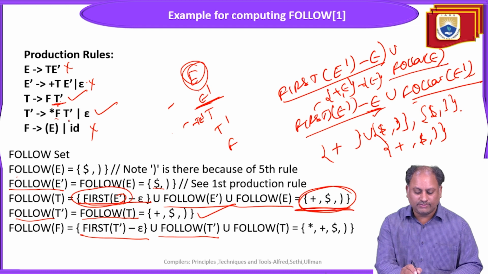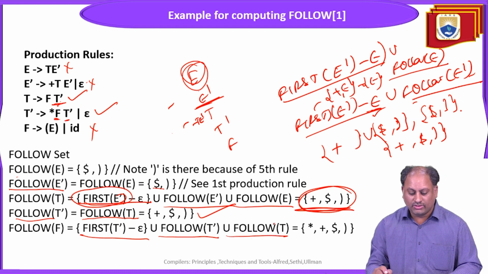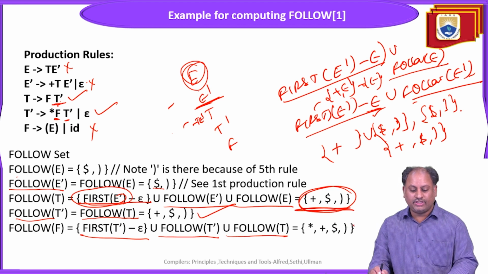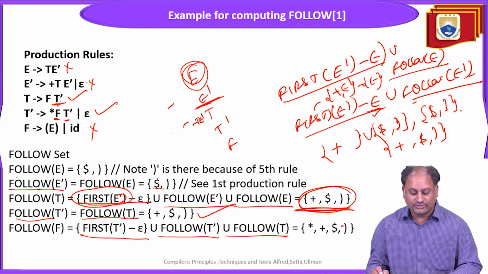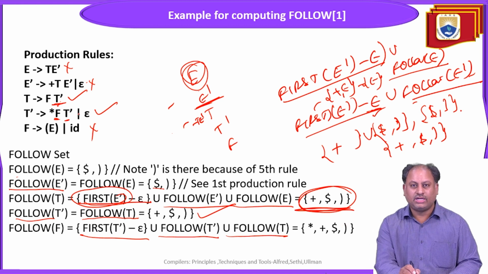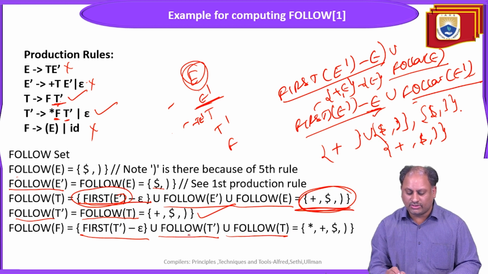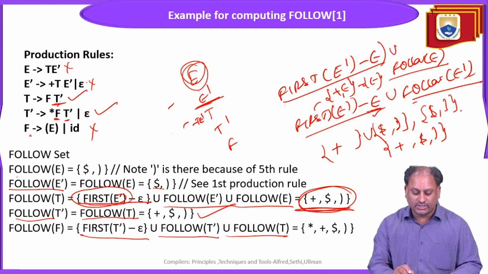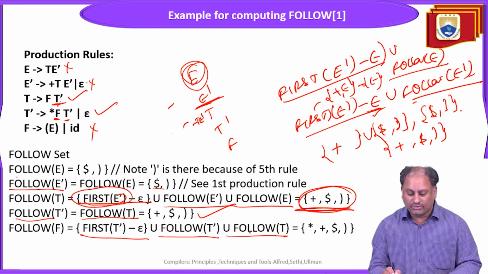Where F appears here, follow of T dash, once again follow of T, follow of T dash, which is equal to follow of T dash. That means, as the third rule says, if immediately next there is no appearance of a symbol, then it is to be considered as follow of T dash. Here first of T dash minus epsilon, and then follow of T.